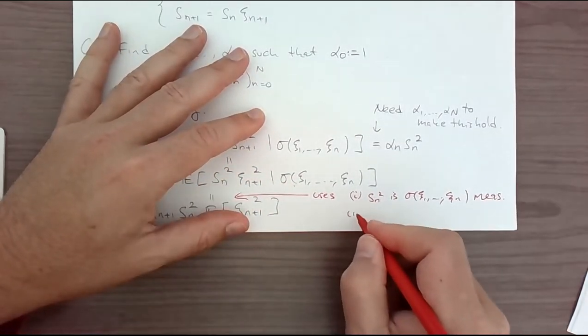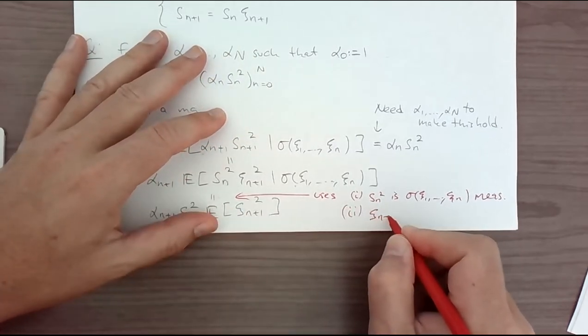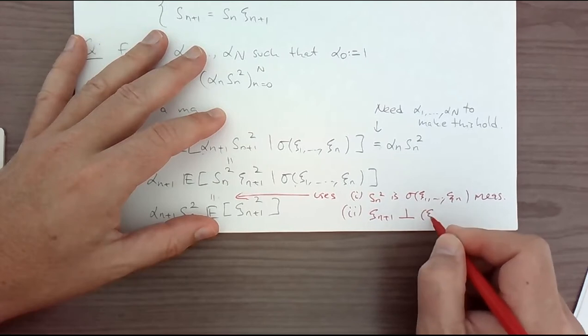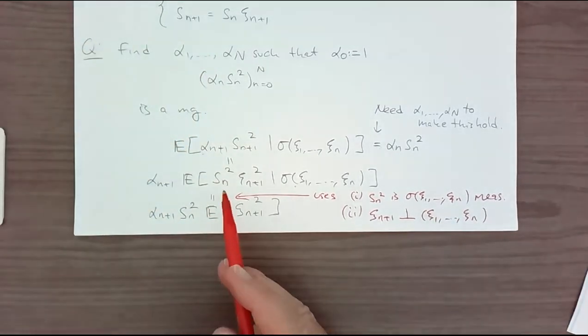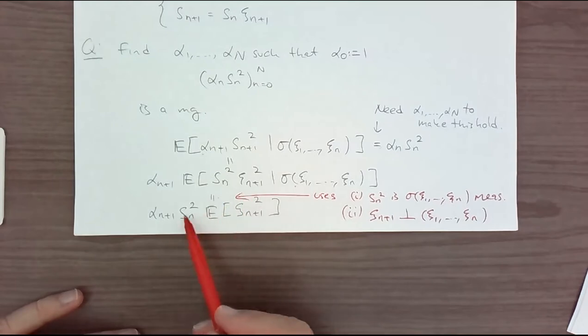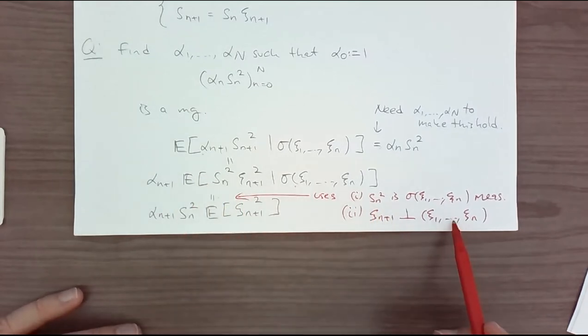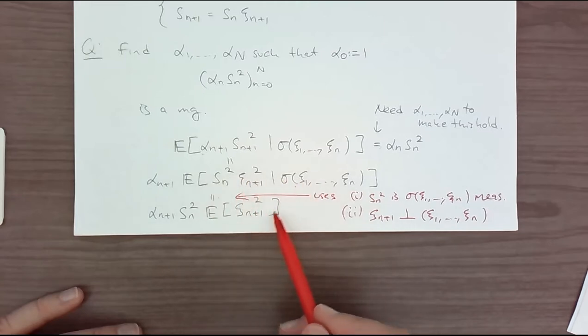The second is that psi n plus 1 is independent of the first coin flips. So you use these two properties. The first one was used to pull the Sn squared outside the conditional expectation, and the second one was used to replace the conditional expectation by an unconditional expectation.